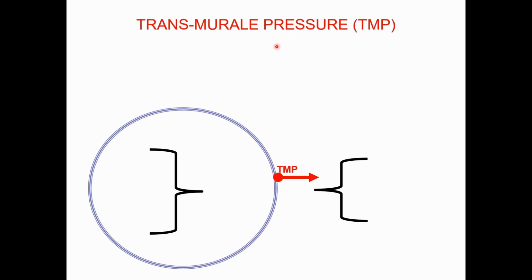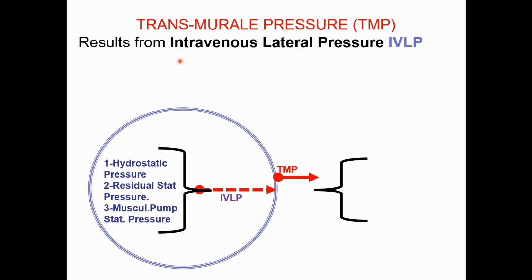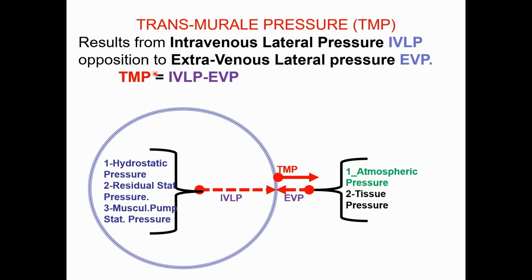Transmural pressure results from intravenous lateral pressure, made of hydrostatic pressure, residual static pressure, and muscular pump static pressure, in opposition to the extravenous lateral pressure.